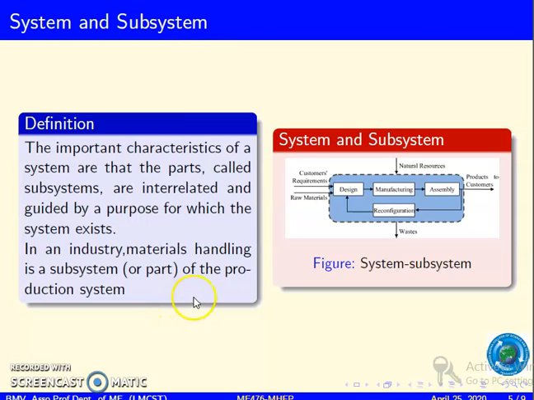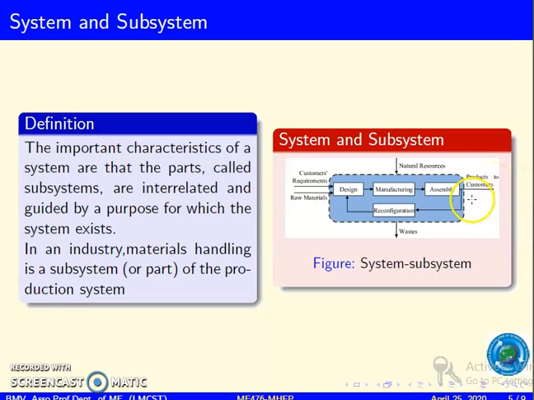So in an industry or for a company, different sections or different departments will be there, that handle the customer requirement, details about the customer requirement. Then there is a design wing, then a manufacturing wing, then assembly section, and after all this we are getting the final product that is coming out.